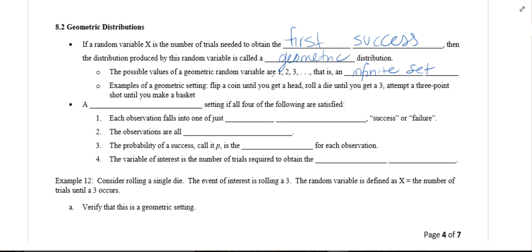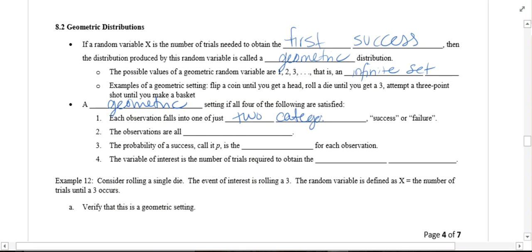So for a geometric setting, the following 4 things must be satisfied. Okay, and so they're very, very similar to binomial. There's only one change. So each observation falls into one of just 2 categories: success or failure. Okay, that's the same as binomial. The observations, we say they're all independent.